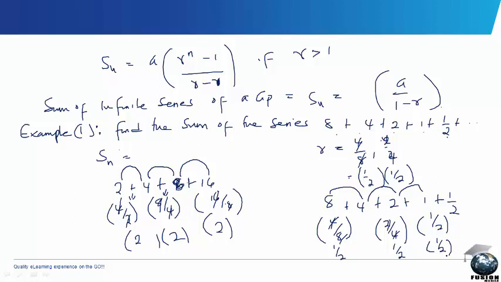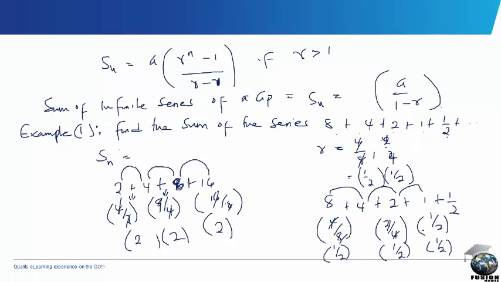You see that these results remain constant throughout the divisions, and so we call them the common ratio. Therefore the common ratio for the sequence 8, 4, 2 is r equal to 1 over 2, and the first term a is equal to 8. Then we find the sum of the sequence, Sn.